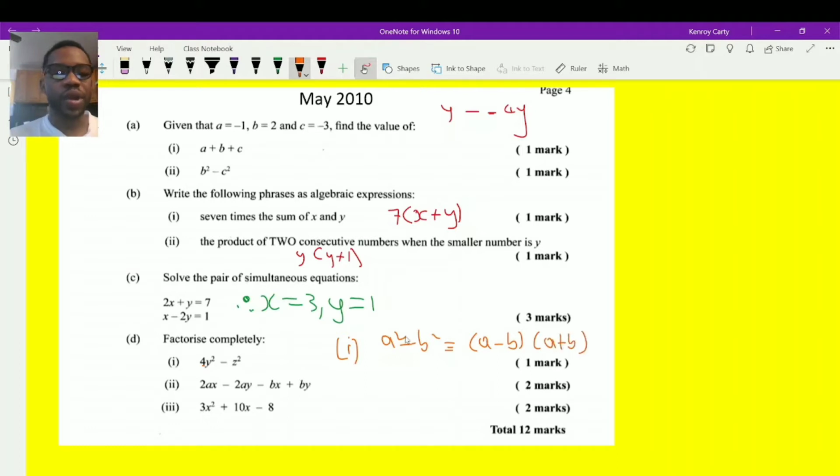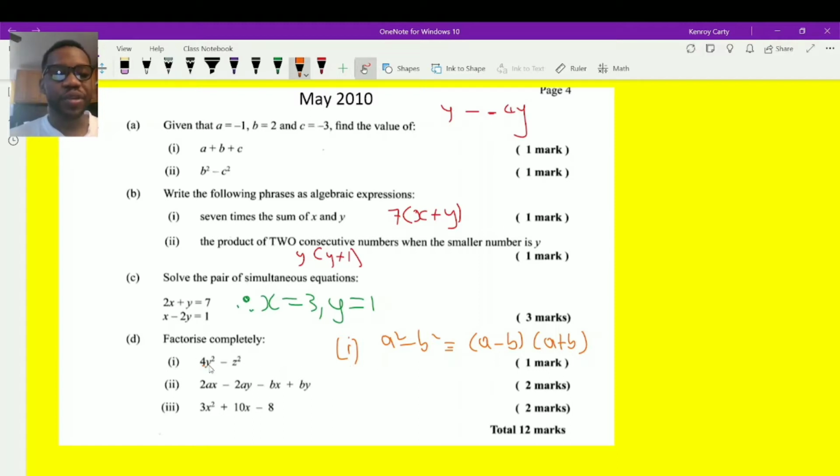So we have to try to remember now, how do we get a and b in this, and how do we identify the difference of 2 squares? Normally, when nothing is common and you have an expression that looks squared like this, it indicates that it's the difference of 2 squares.